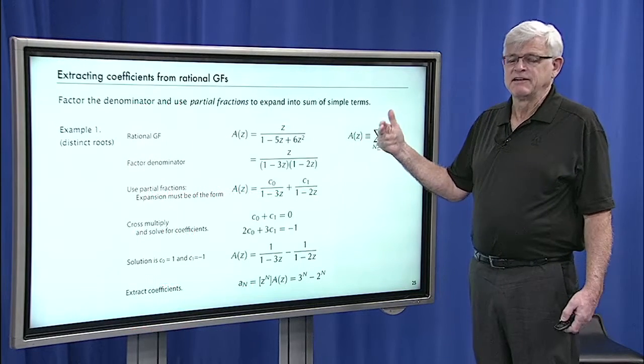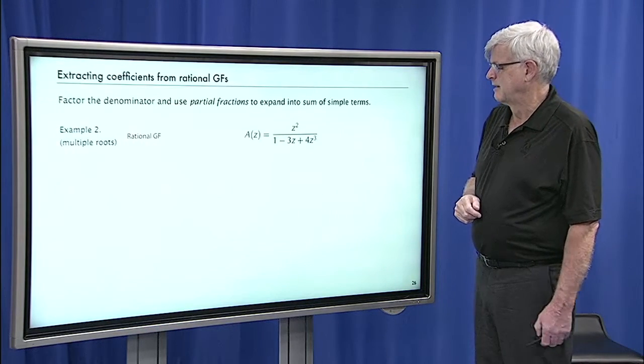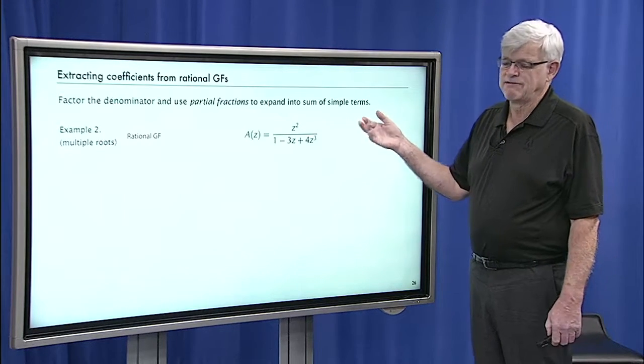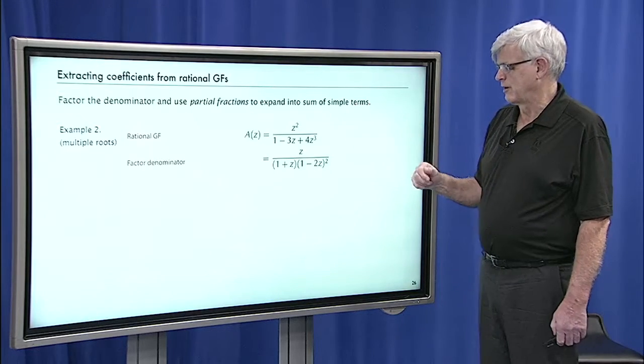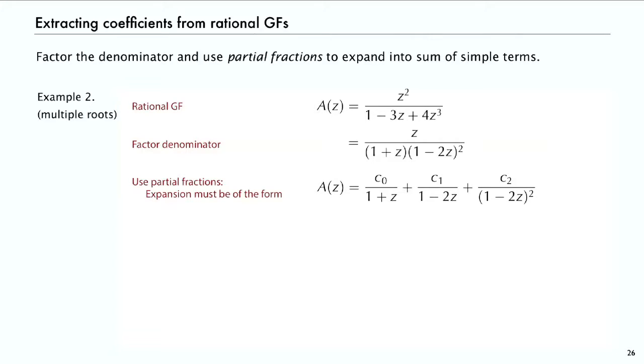Now, we can get into different situations depending on the character of the roots. So one thing that can happen is that you can have roots of higher order. So for example, with this generating function, when we factor the denominator, it's 1 plus z times 1 minus 2z, the quantity squared. So that means that we're going to need three terms in the partial fractions expansion, one for the 1 plus z, one for the 1 minus 2z, another one for 1 minus 2z squared.